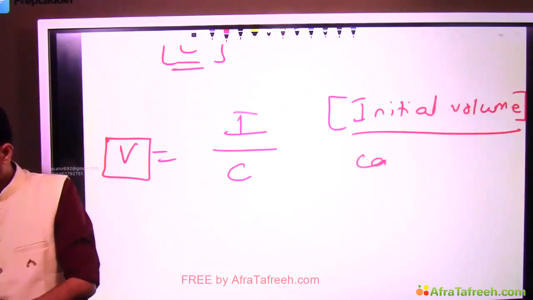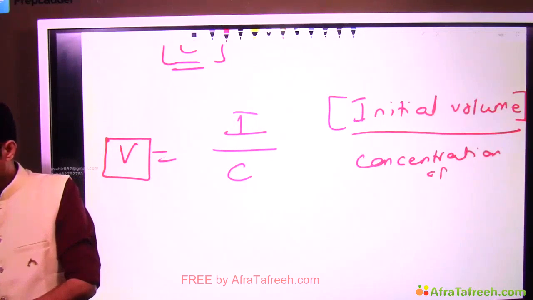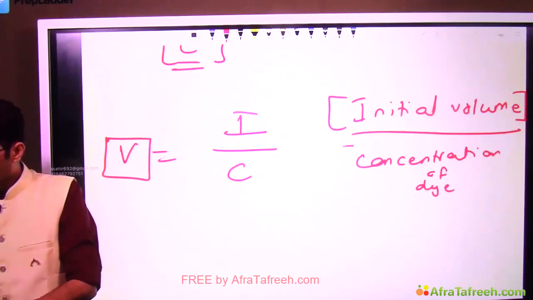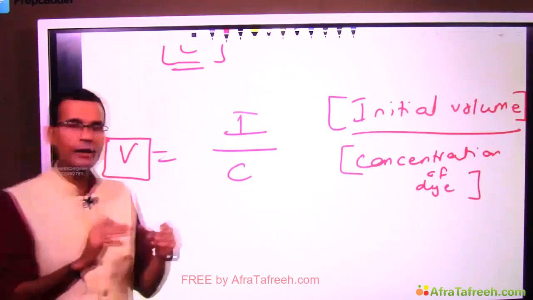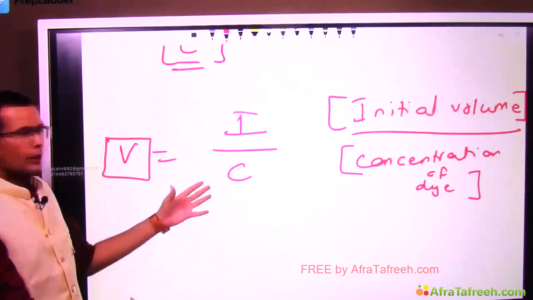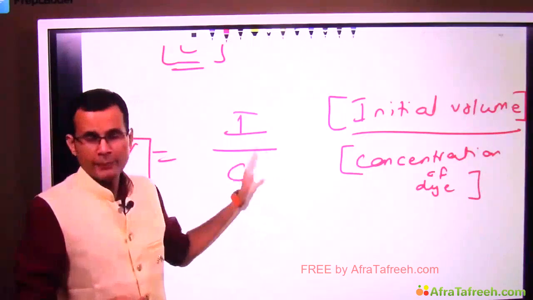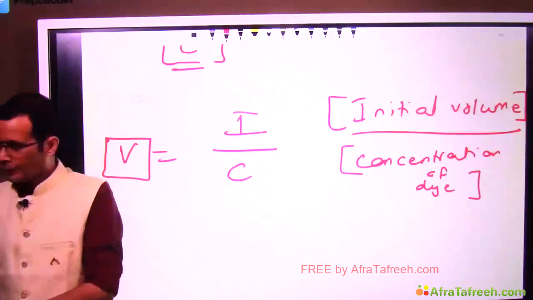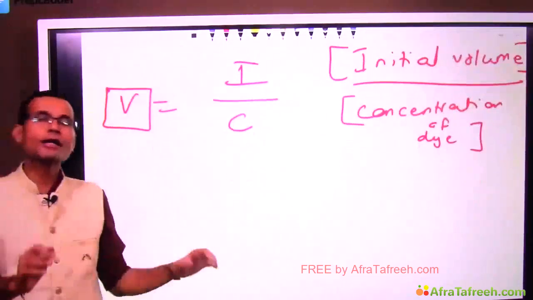So C is in the denominator, the concentration of the dye after it got diluted. Remember, we called it dye dilution method. So that's how it can be calculated, from the extent of dilution of the dye.